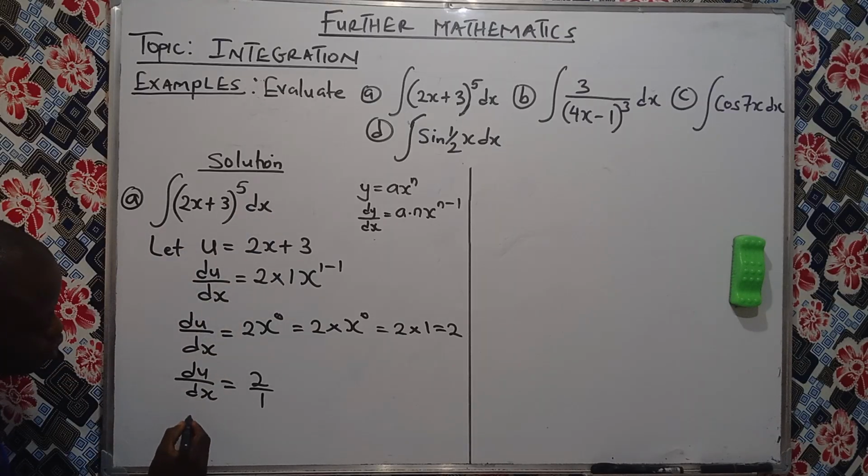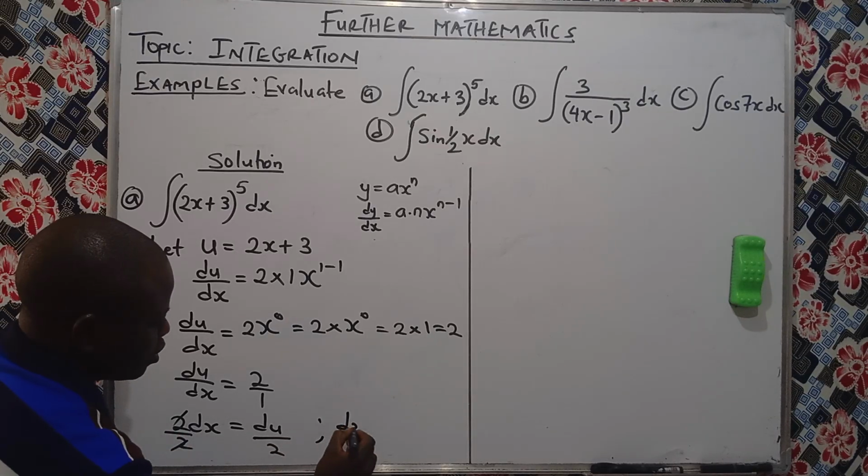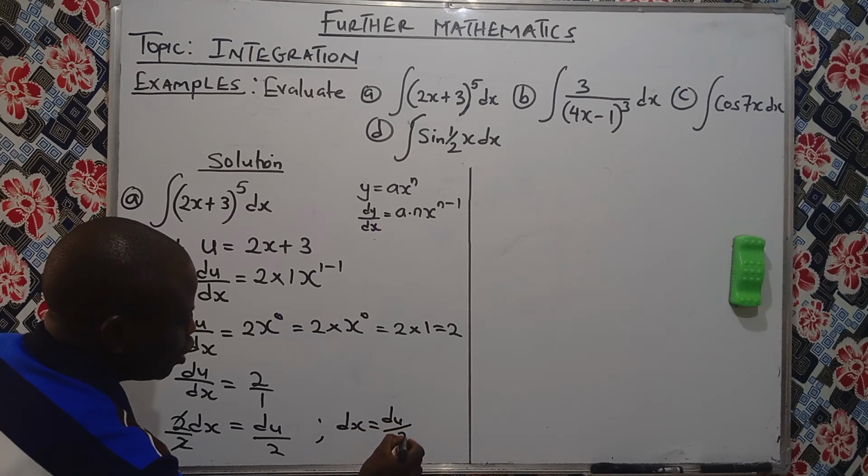Let's cross multiply. You have du times 1 equals dx times 2. That's 2 dx equals du times 1, that's du. Divide both sides by 2. The 2 cancels 2. Now we have dx equals du over 2.